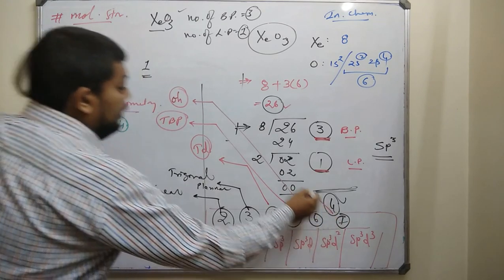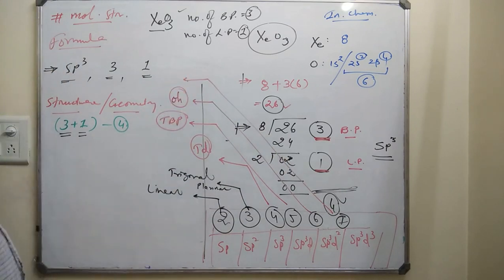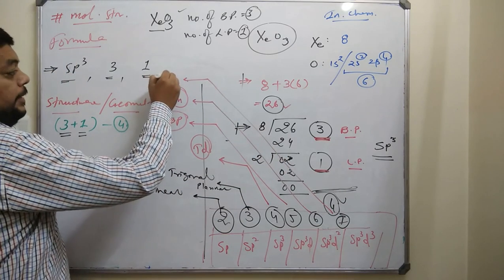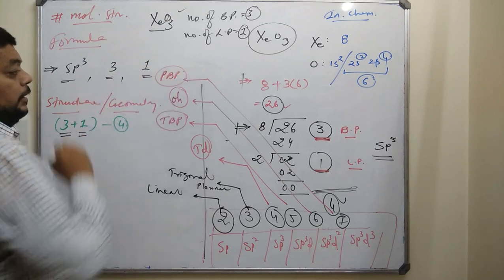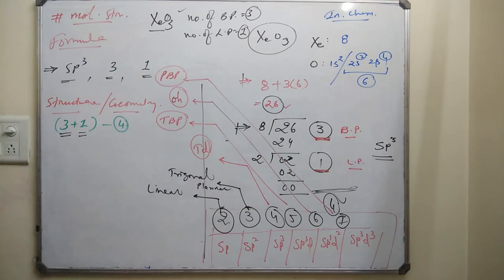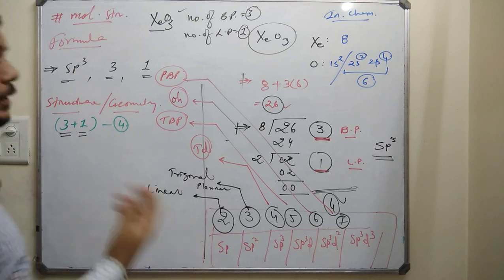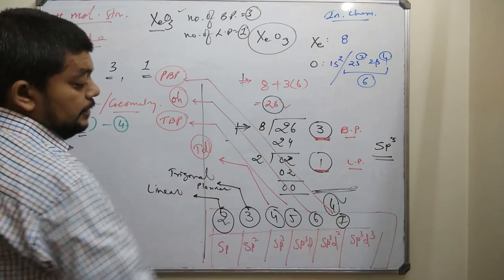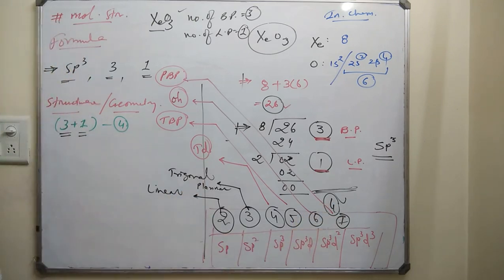And if the total number is 7, it is pentagonal bipyramidal. So friends, be very clear that once you have the total number of bond pair and lone pair, you can always crack 2 things. One is the hybridization and second is the geometry.